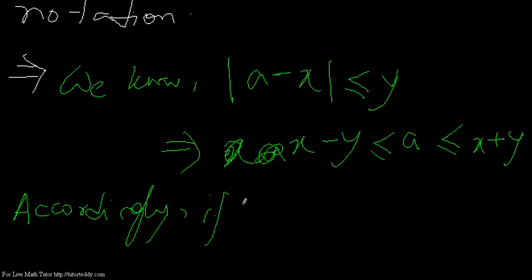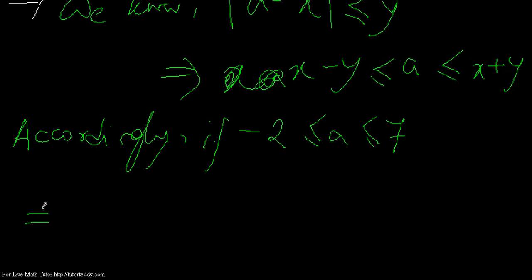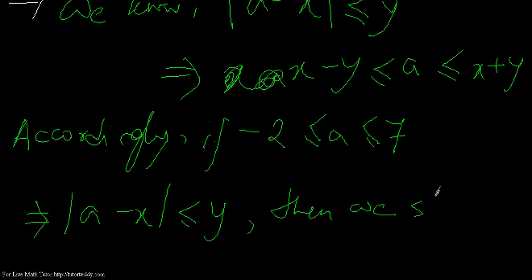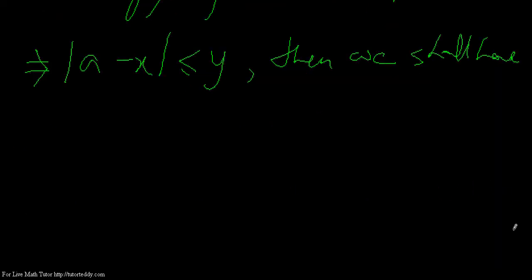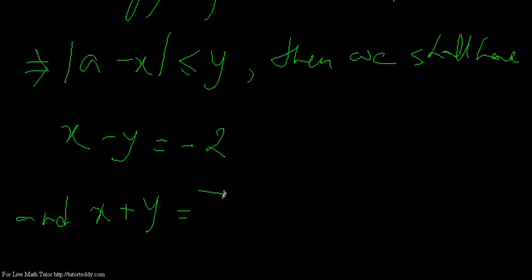If minus 2 less than or equal to a less than or equal to 7, then this implies modulus of a minus x less than or equal to y, then we shall have x minus y equals minus 2 and x plus y equals 7.